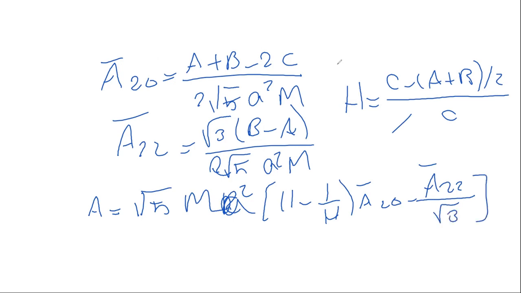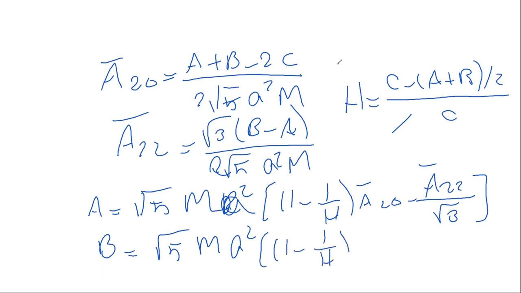and then B is 5M A squared, where A is the same as R, big R, radius of the Earth, and A bar 20 plus A22 bar is 2.